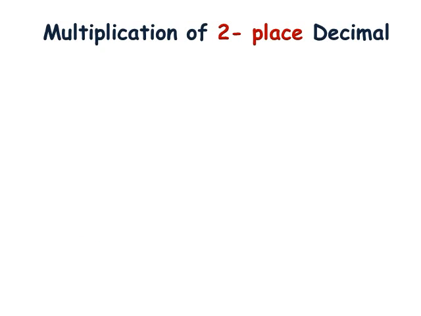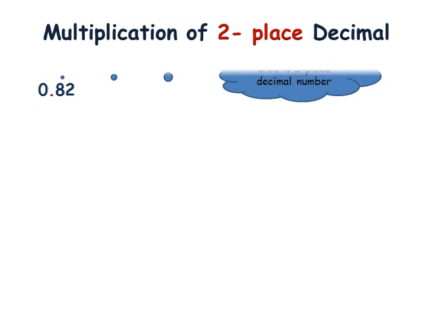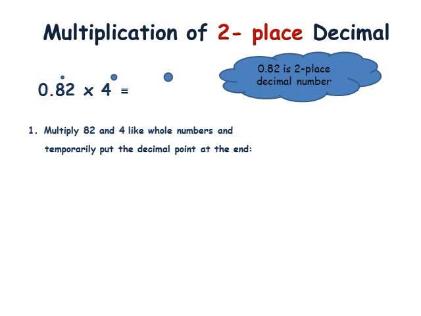Now let's try multiplication of a two place decimal number. Say, for example, 0.82, a two place decimal number, meaning you have a tenths place and a hundredths place. And we'd like to multiply that by 4. The same process: we ignore the decimal for now and just multiply 82 and 4. You may need to do your vertical multiplication here. After you have multiplied, 82 times 4 is 328 with the decimal point at the end of 8.